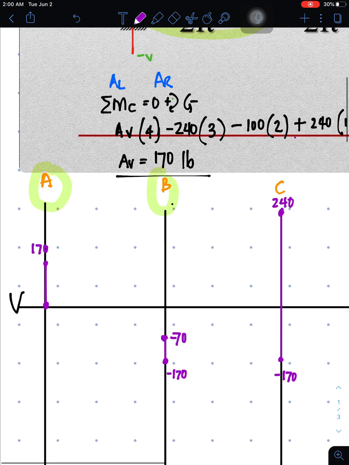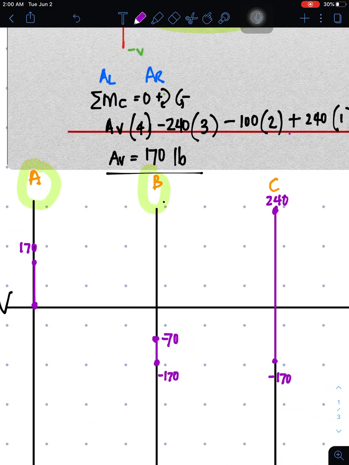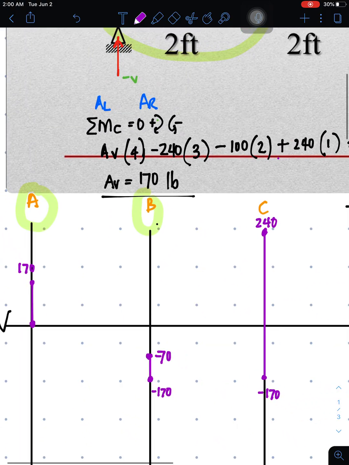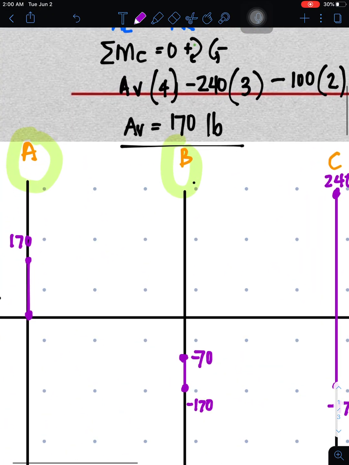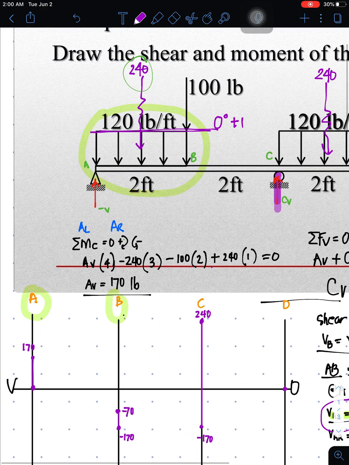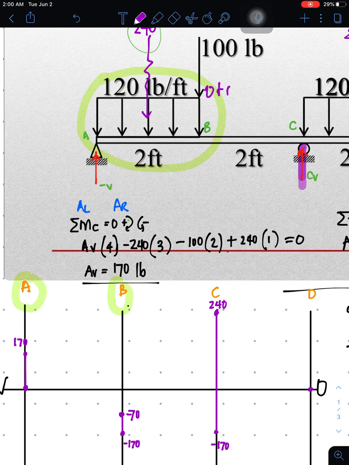That is how we plot using this method. The tangent line coincides with the load diagram, so it has 0 slope, plus 1, so first degree.